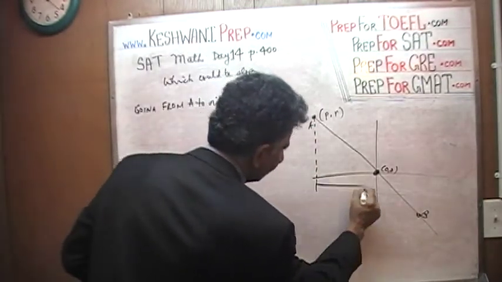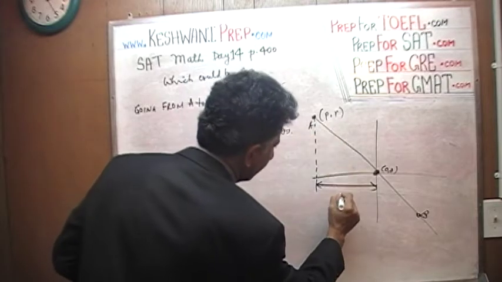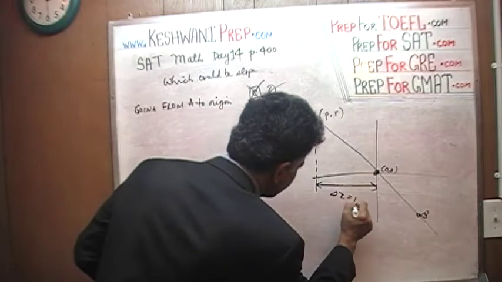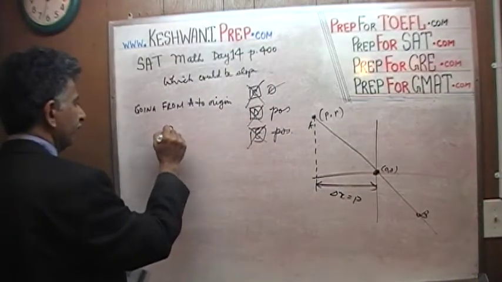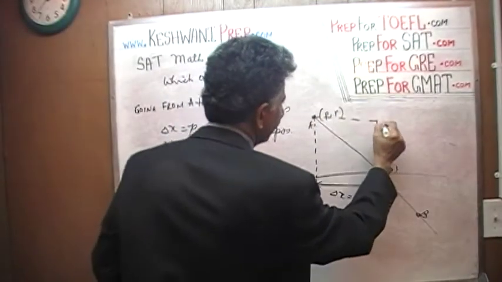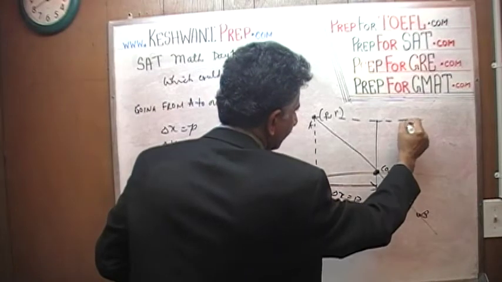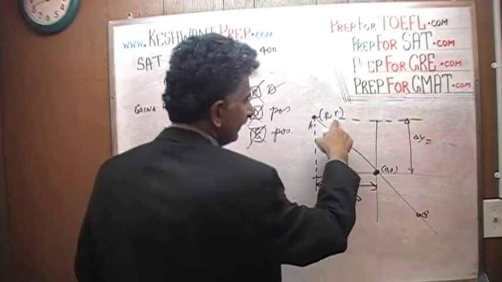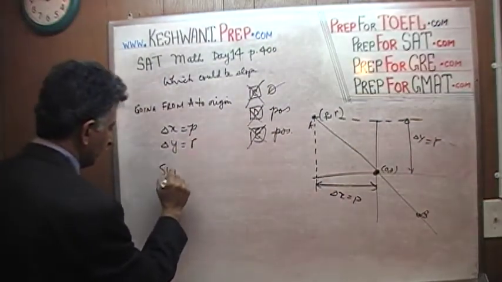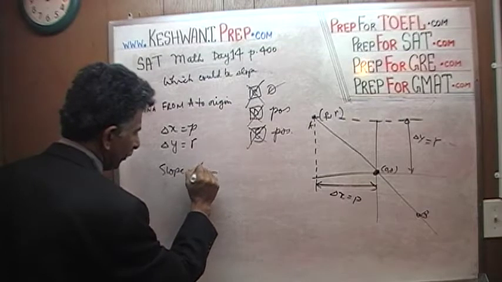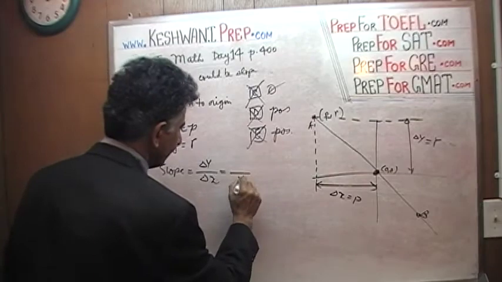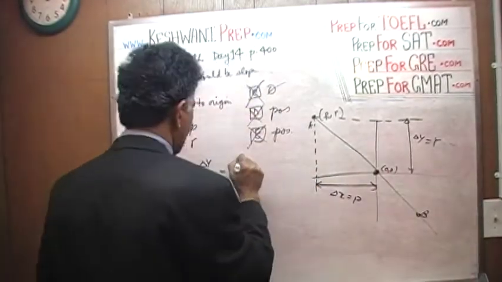The change in x is the x coordinate, which is p. Change in x is p. And similarly, the change in y is the y coordinate, r. So again, the slope is how much y changes for a given change in x: x changed by p units, and as a result, y changed by r units.